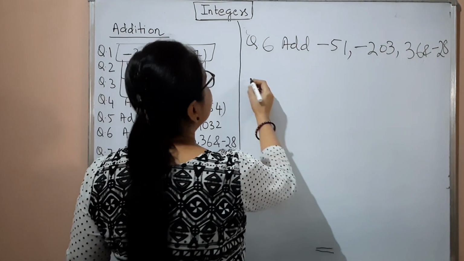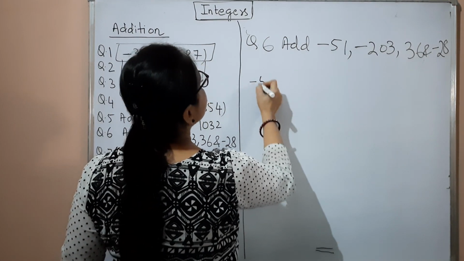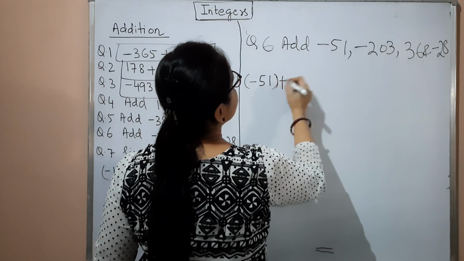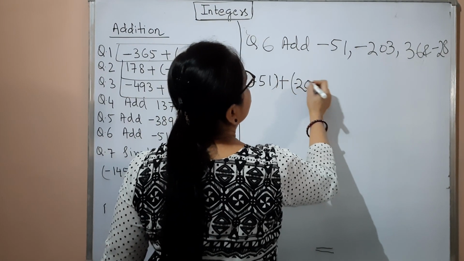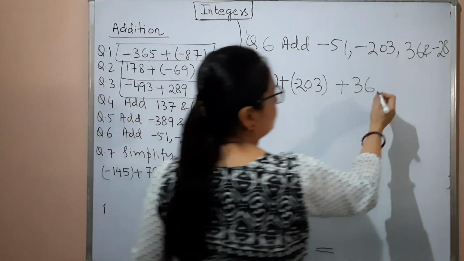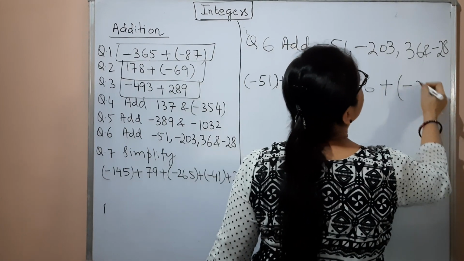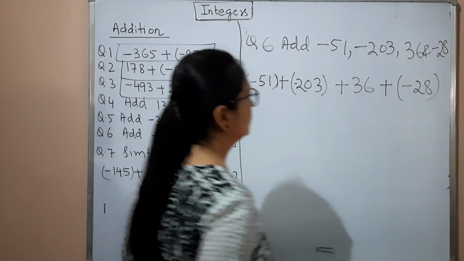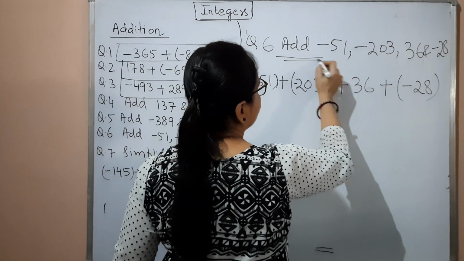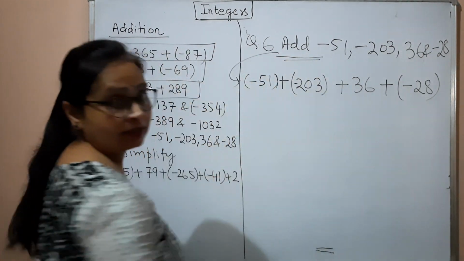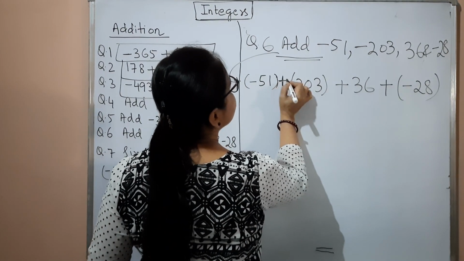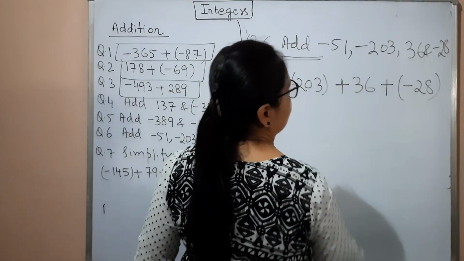We have to add minus 51 को किससे ऐड करना है? minus 203, फिर 36 can be written without the bracket, and the last one is minus 28. अब इन numbers को हमें add करना है। See, your English statement is converted into a mathematical statement where we have used the math symbol to write the same question, right?